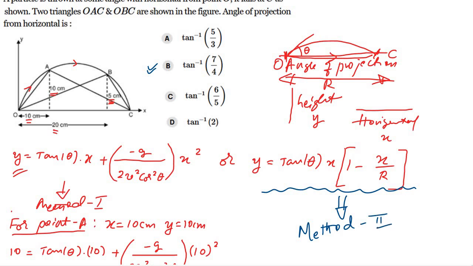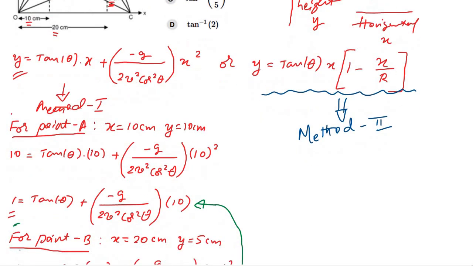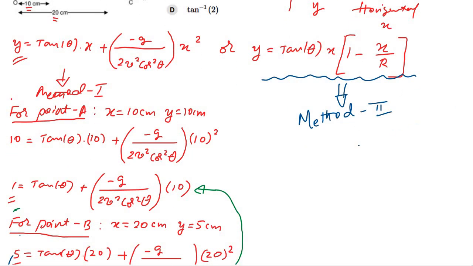Here in this part of the solution, we have to go step by step again for the point A. For point A, we already know x equals 10 and y equals 10.